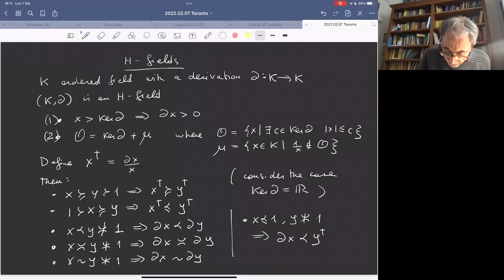So this is a kind of strange. This last property is important in order to understand when an H field has an integral, or at least an asymptotic integral. So in some sense, between all the logarithmic derivatives and the derivatives, there might be a gap or not. And the existence of this gap is an important property of the H field.